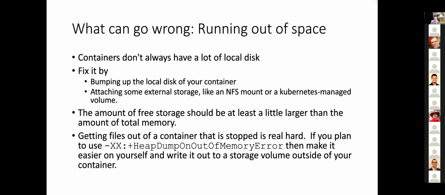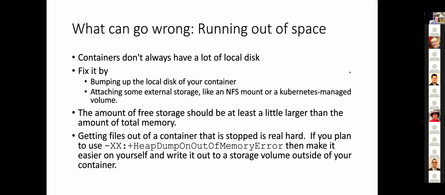The other thing is that getting files out of a container that is stopped turns out to be surprisingly complex. If you plan on heap dumping frequently, or if you plan on, for instance, every time that there's a memory error, telling your application to do that, make it easier on yourself and do one of these external storage options.